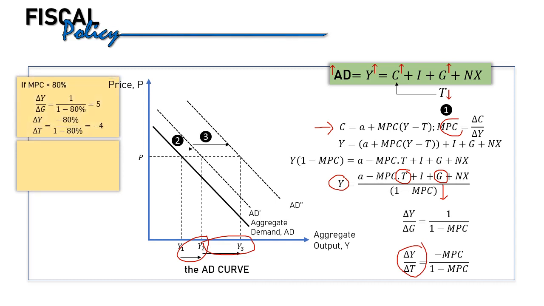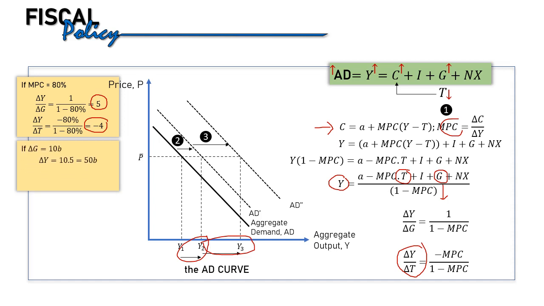So if MPC, for example, is 80%, the multiplier is 1 per (1 minus 80%), which equals 5. Meaning that any increase in G will result in an increase in Y of 5 times the increase in G. With MPC again equal to 80%, the tax multiplier is minus 80% per (1 minus 80%), which equals minus 4.